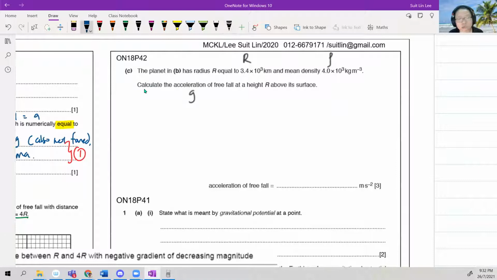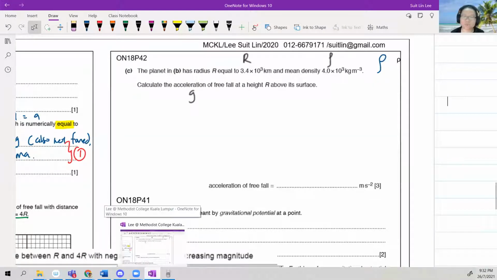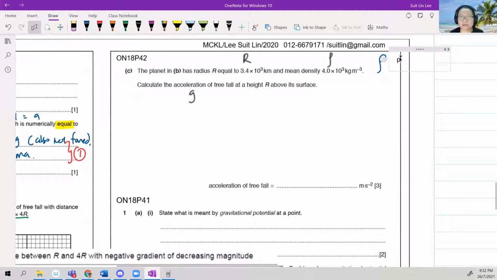All right, so a side note. For density, I write this way. And here is why, in case you are confused, because sometimes when you look at a book, density is this symbol, pronounced as rho.